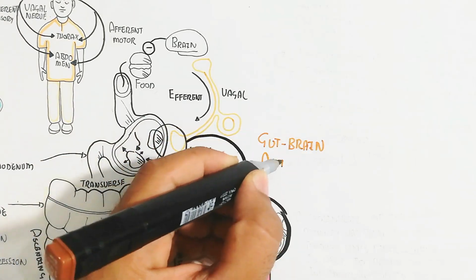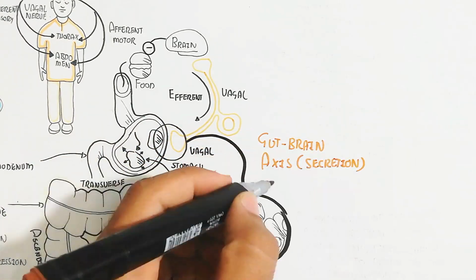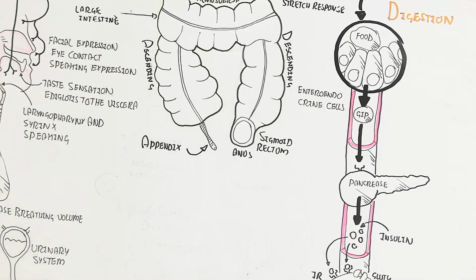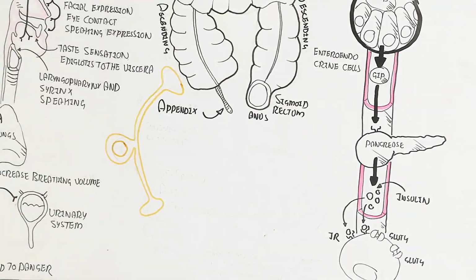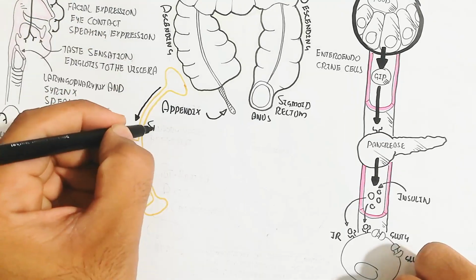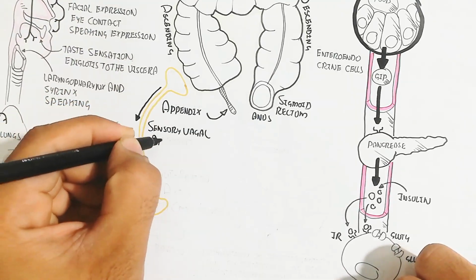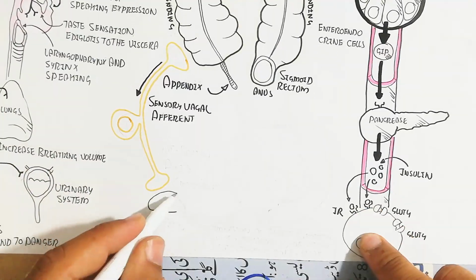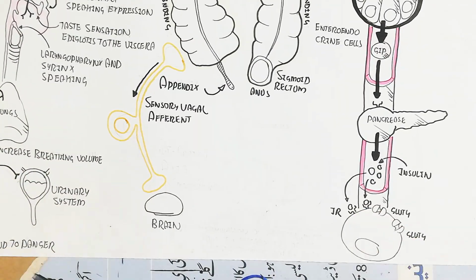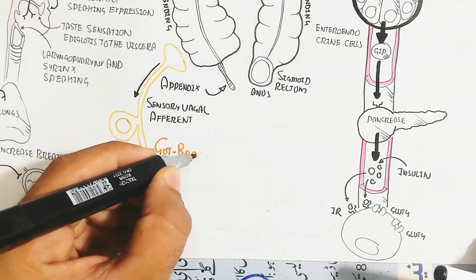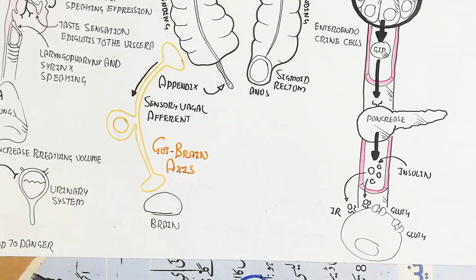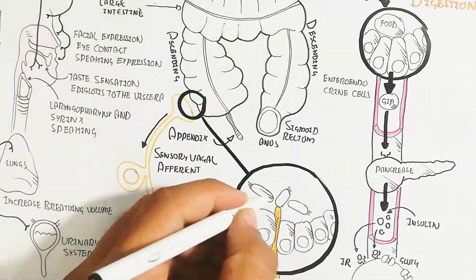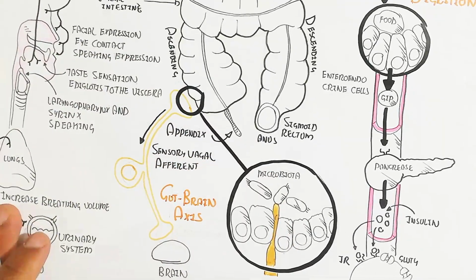This is the gut-brain axis. Secretion, digestion, and absorption of food are involved. On the other hand, the sensory and motor function increases peristaltic movement for digestion and the sensation of food through the sensory afferent vagal nerve. This is the appendix, and this is a sensory vagal afferent in the cecum for identification of the microbiome.